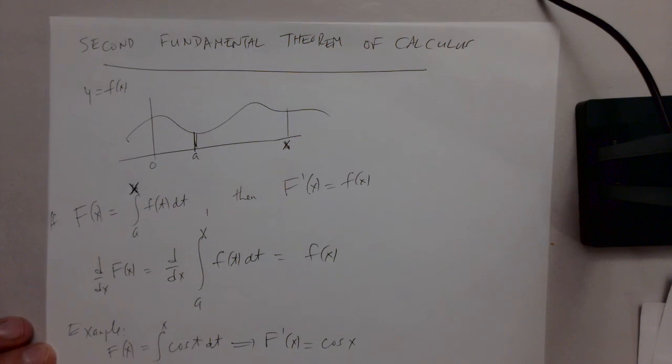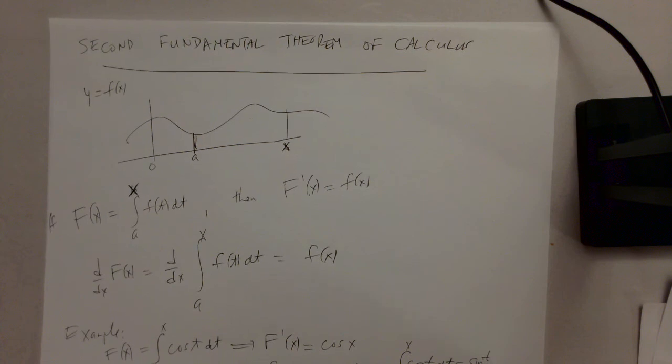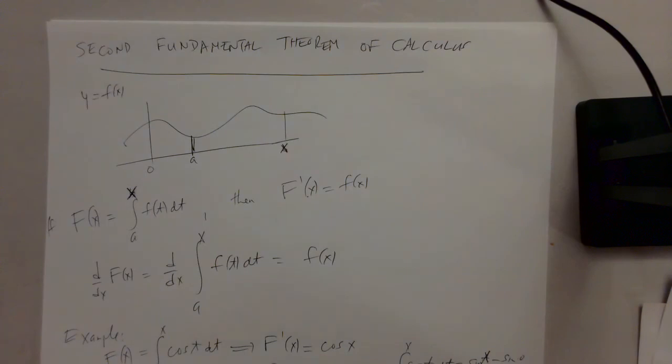Suppose we didn't know that. Well, we can do it directly. So this is a kind of a check. The antiderivative of the cosine of t is the sine of t. So the integral from 0 to x of cosine t dt is equal to sine of x minus sine of 0. Sine of 0 is 0.